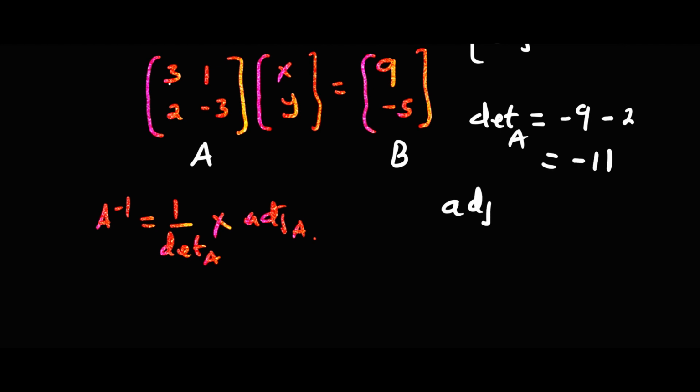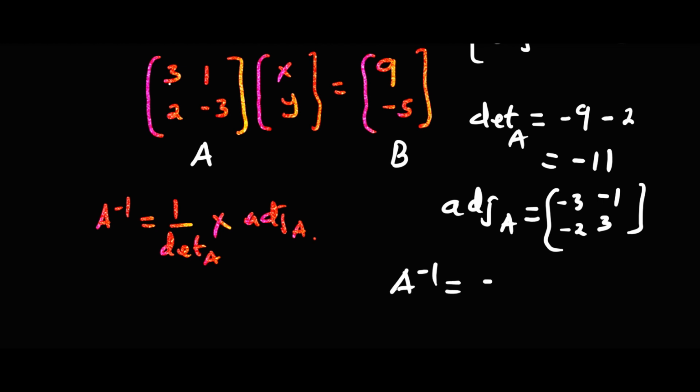And then the adjoint of the matrix A, just switch the members of the main diagonal so that you have negative 3 and 3, and change the sign of the members of the other diagonal. So now the inverse of A is negative 1 over 11 into negative 3, negative 1, negative 2, and 3. So we have the inverse.